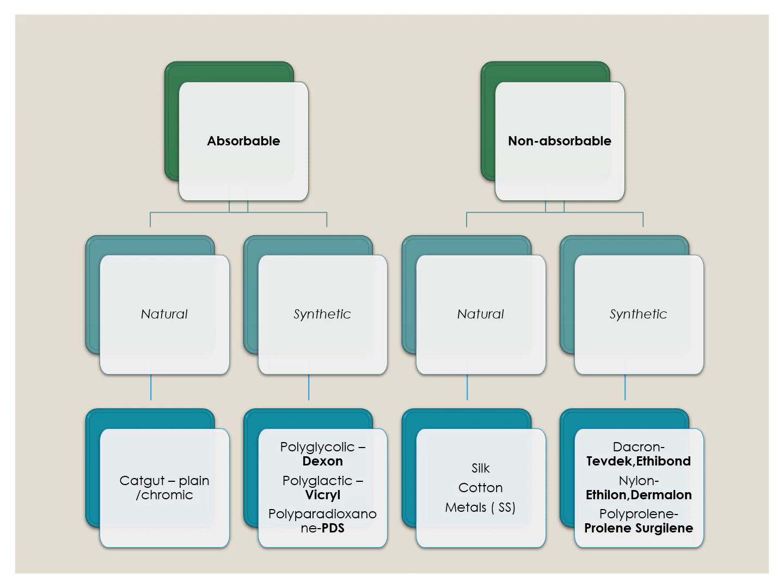In non-absorbable, natural are silk, cotton, and metal sutures, and in metal generally stainless steel. And in synthetic, non-absorbable sutures are Dacron, that is Tevdec, Ethibond, and in nylon, Ethilon and Nurolon. In polypropylene, these are Prolene, Surgilene.